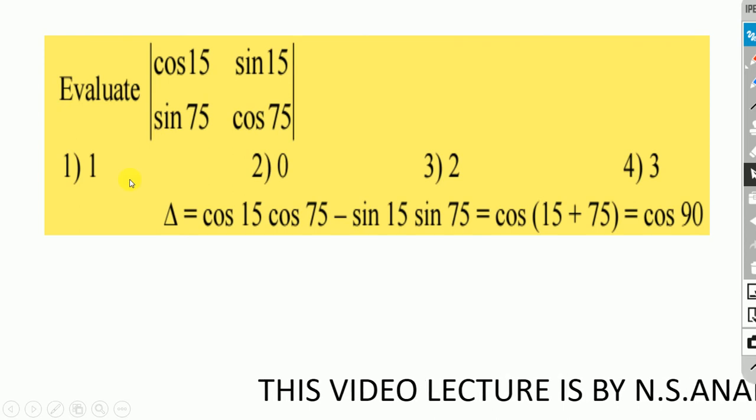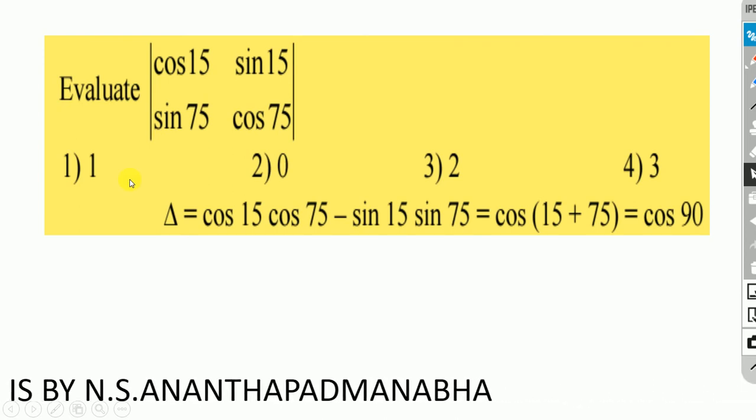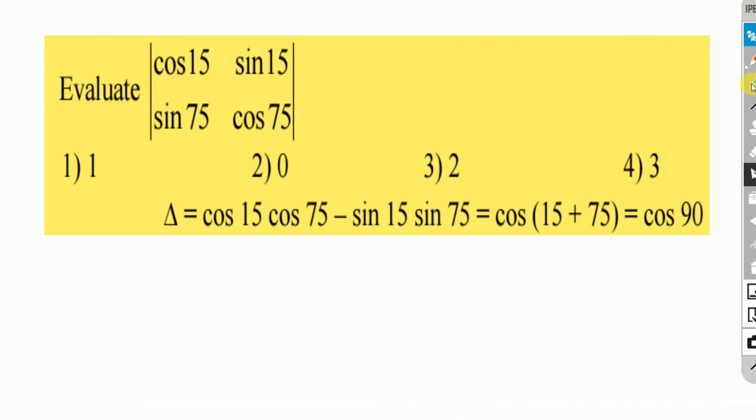So let us evaluate this determinant: [cos 15, sin 15; sin 75, cos 75]. I have to evaluate this determinant. Options are given as usual: 1, 0, 2 and 3. We will expand this: cos 15 into cos 75 minus sin 75 into sin 15.